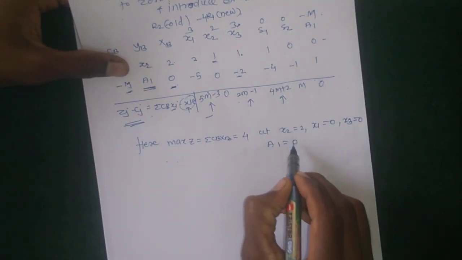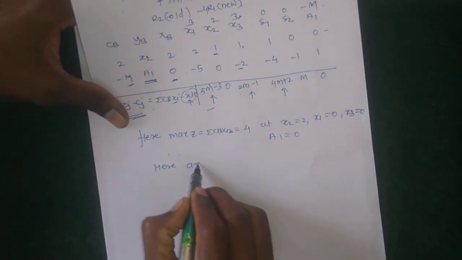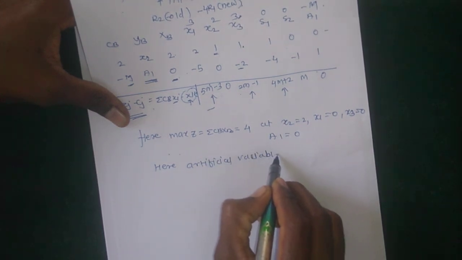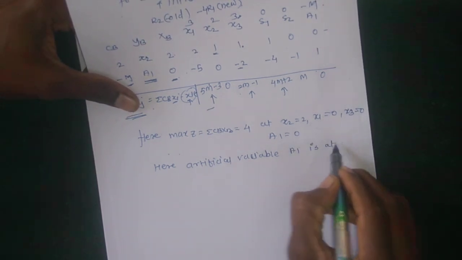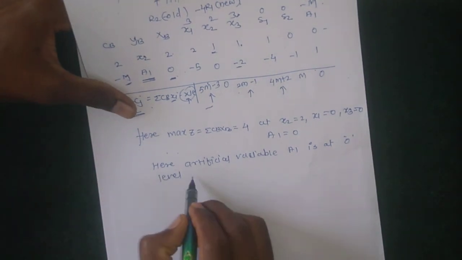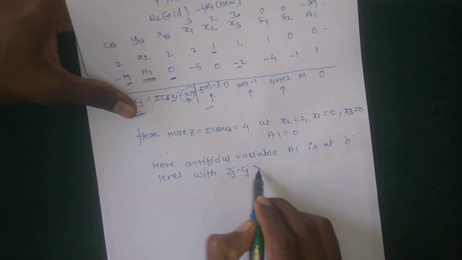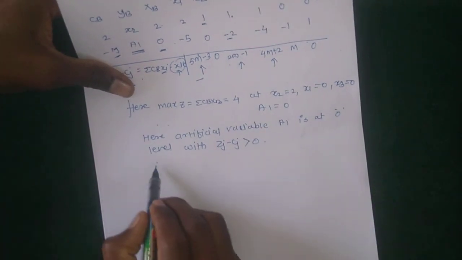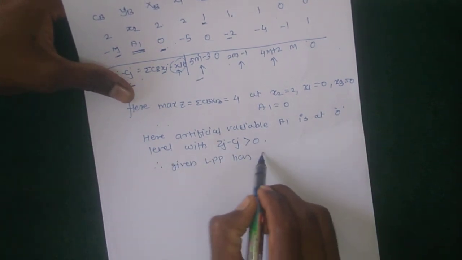The artificial variable a1 is at 0 level, with Zj minus Cj greater than 0, that is, all positive, and therefore the given LPP has a degenerate solution.